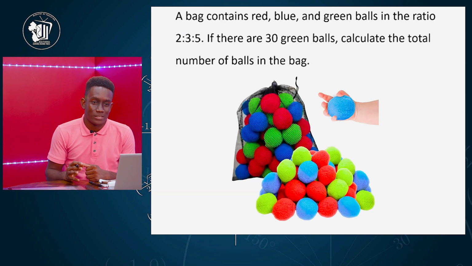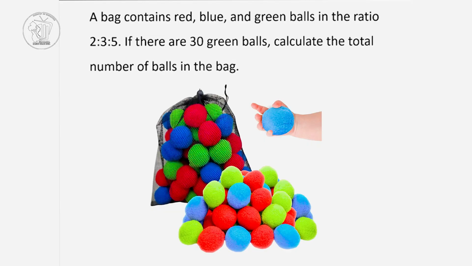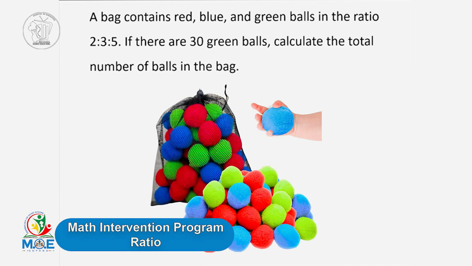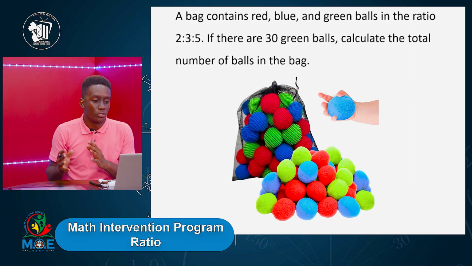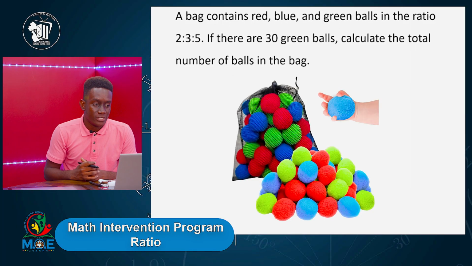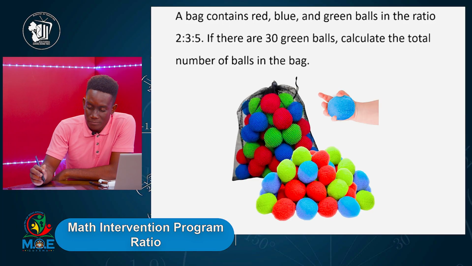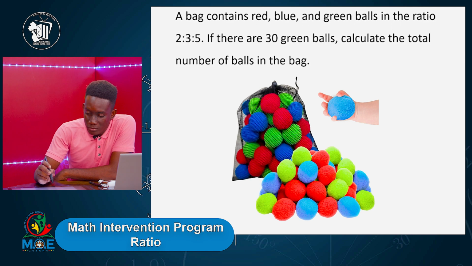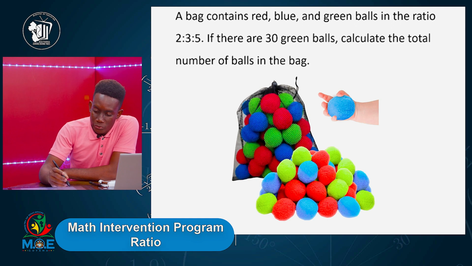Our last question as it relates to ratio says: a bag contains red, blue, and green balls in the ratio 2 to 3 to 5. If there are 30 green balls, calculate the total number of balls in the bag. So we have red, blue, and green balls, shared in the ratio 2 to 3 to 5.